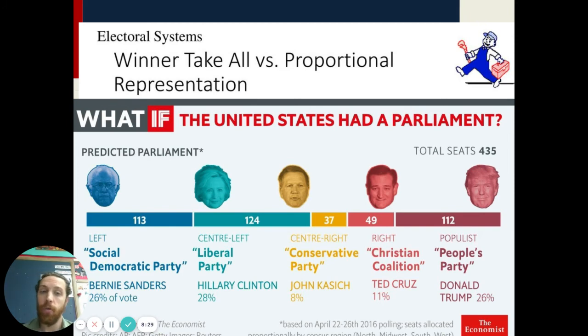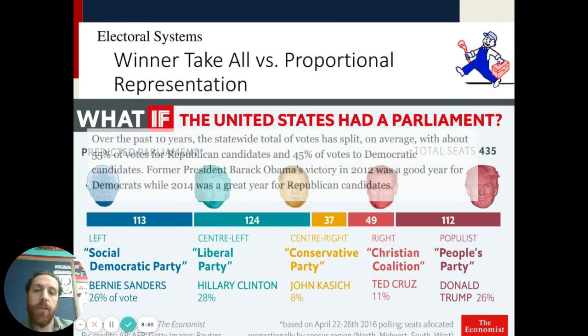There would be a right-leaning Christian coalition that would get about 11% of the vote. And there'd be a more right-leaning populist People's Party that gets about 26% of the vote. And we could see all of these different politicians listed here as political leaders in that system.